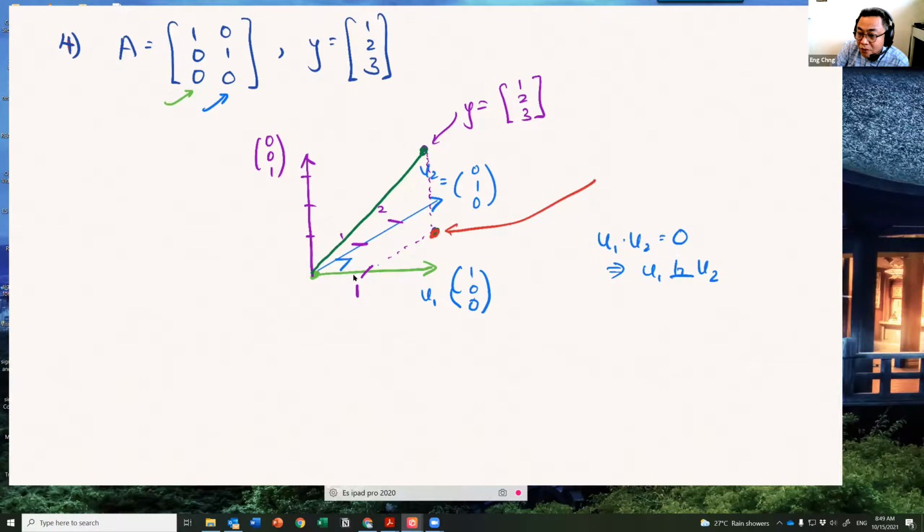We can just read off 1 and then 2 at the second axis. It is obvious that the solution is 1, 2. And because I cannot reach anywhere on the vertical axis, all I can get is 0. And this is Y hat.